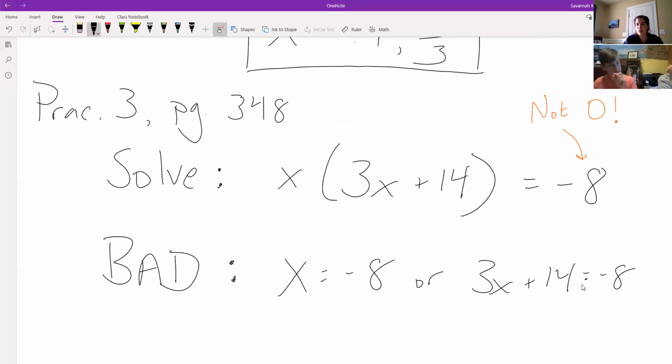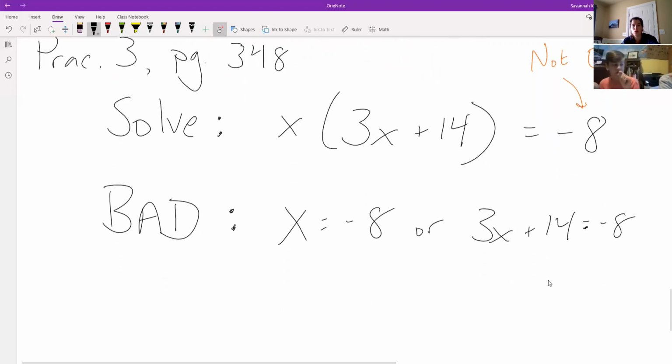This is really tempting to do when we're starting out with this method. But remember that -8 or +1 or +15, any number in the world doesn't have that property where it requires one of its factors to actually equal itself. Only 0 has that. So doing what I've done here is just not good.